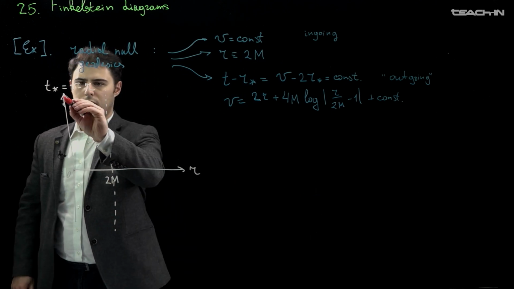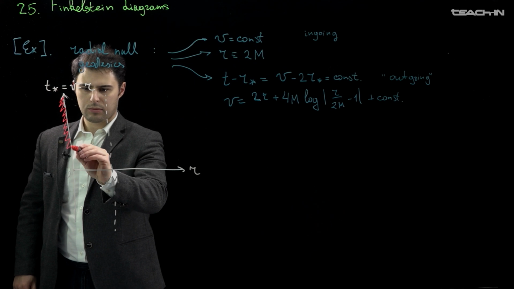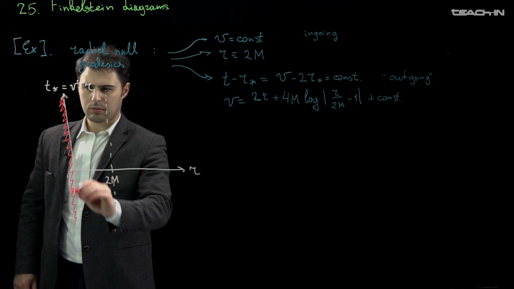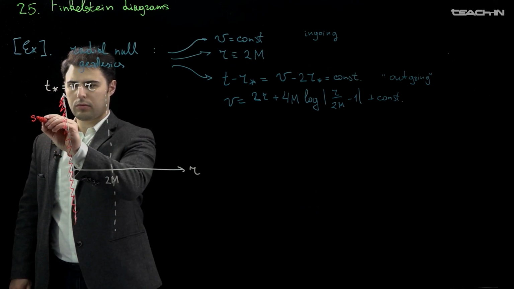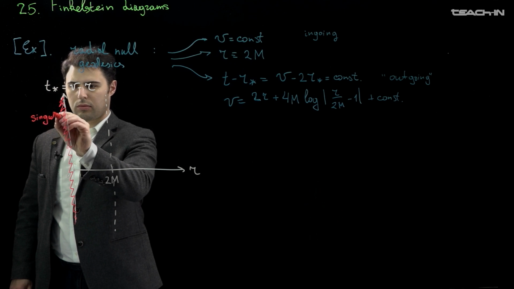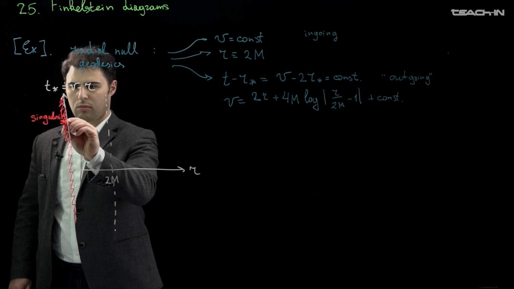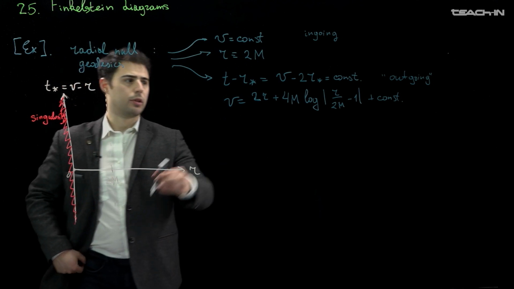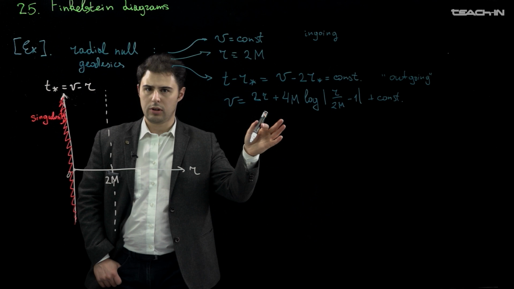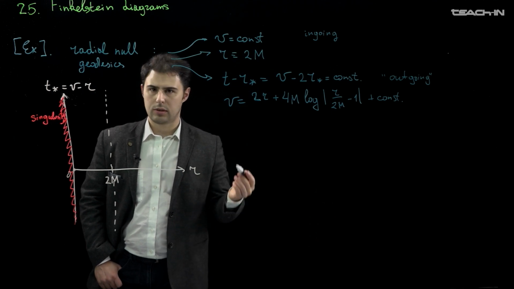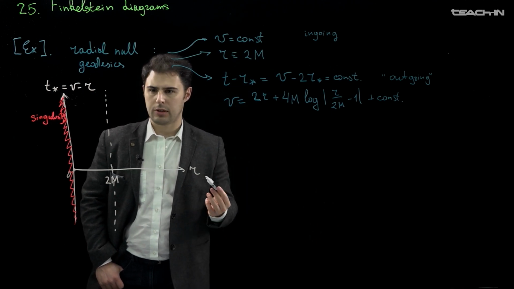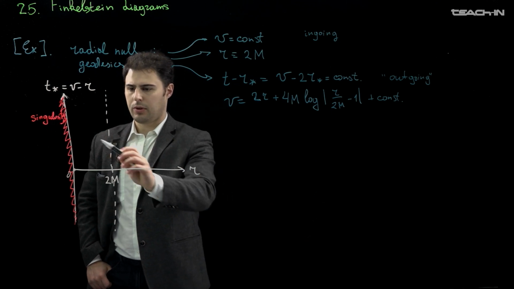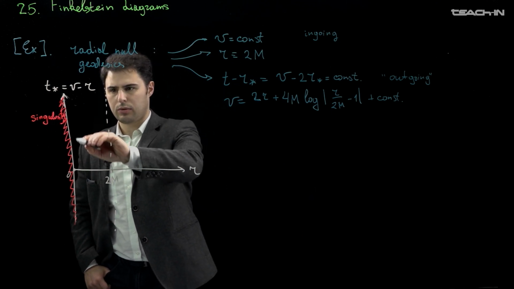This is then the singularity. So in this chart, the ingoing radial geodesics are simply lines at 45 degrees.